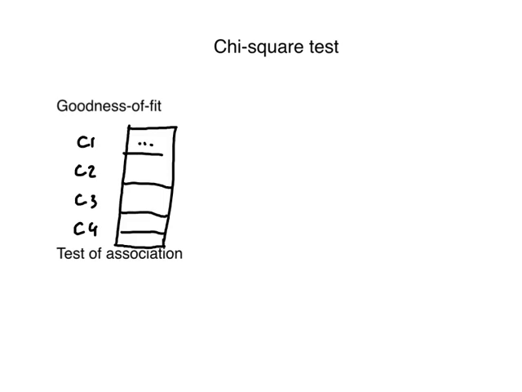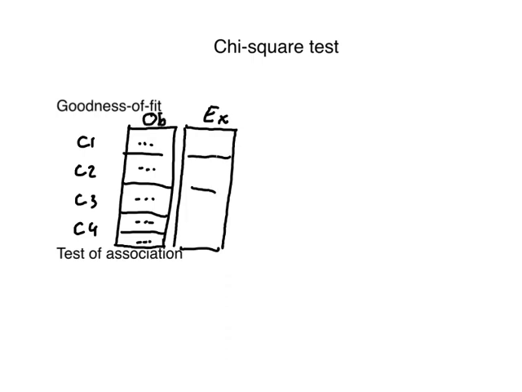And we have frequencies. These are our data here. And what we do is we compare our observations with expected values. So observed values with expected values. And that is really to test whether our observed data actually are in line with a model that we expect.